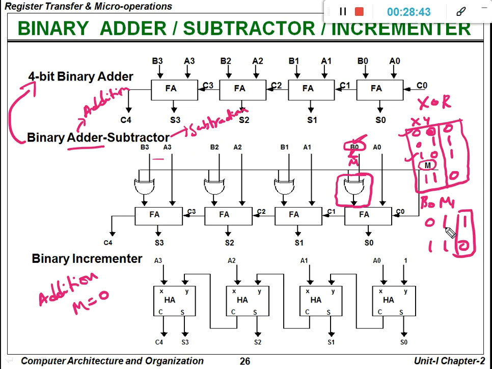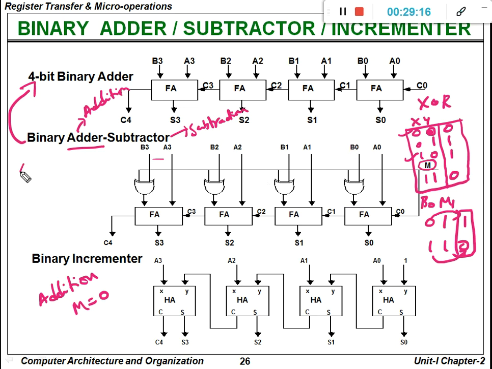What are we getting? We are getting the reverse values. 0 has become 1, and this 1 has become 0. So now the value of m is 1, then it will become a subtractor. Okay. So now let us consider one example, and see how the subtraction operation is performed.